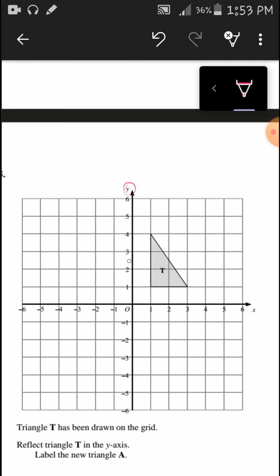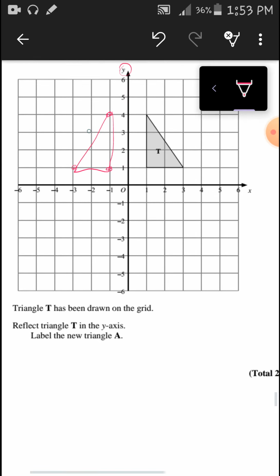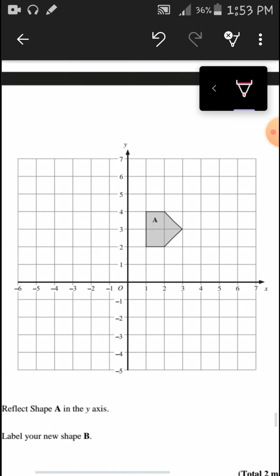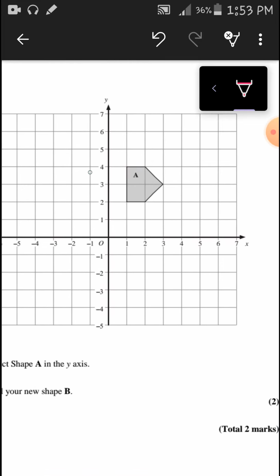This is the y-axis. New triangle A, sorry. Reflect shape A in the y-axis.